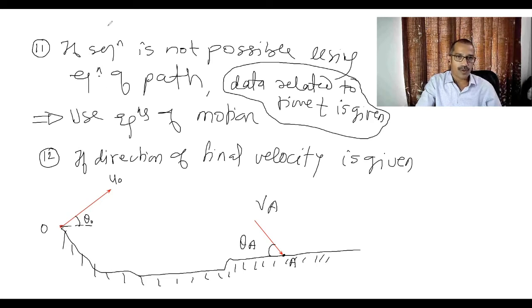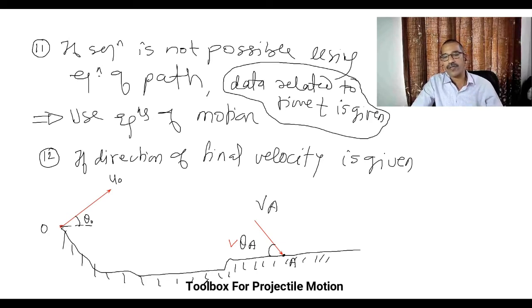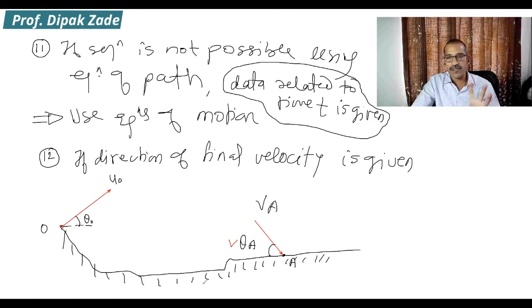That means theta A is given clearly. For example: strikes the horizontal plane at 60 degrees with horizontal, strikes the inclined plane at 20 degrees with vertical, or strikes the inclined plane at so and so angle. That means the direction of final velocity.